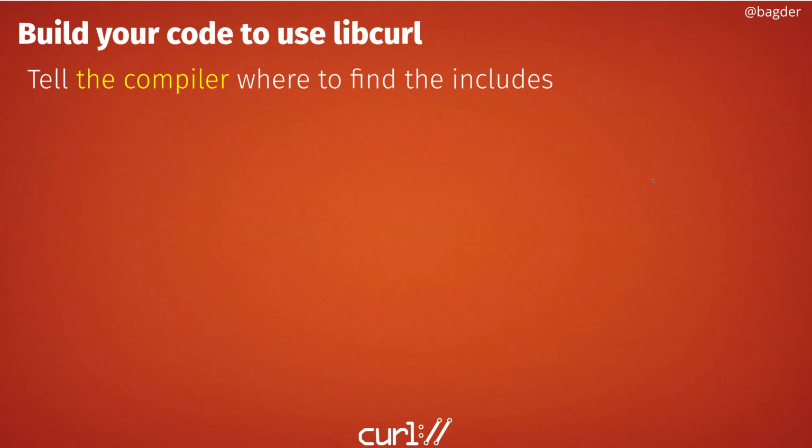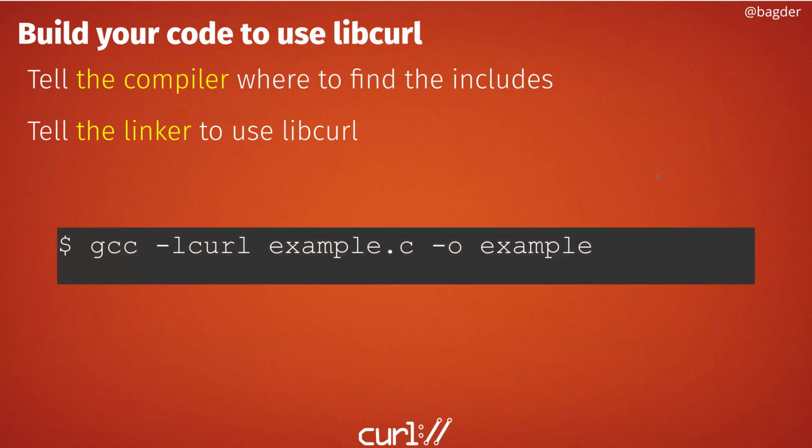And of course, you install libcurl and then you want to build your application, and it's really straightforward. You tell the compiler where the include files are and how to find the library. Typically, when you've installed libcurl in your Linux distribution, you just tell the compiler to link with libcurl, that is the -l option.